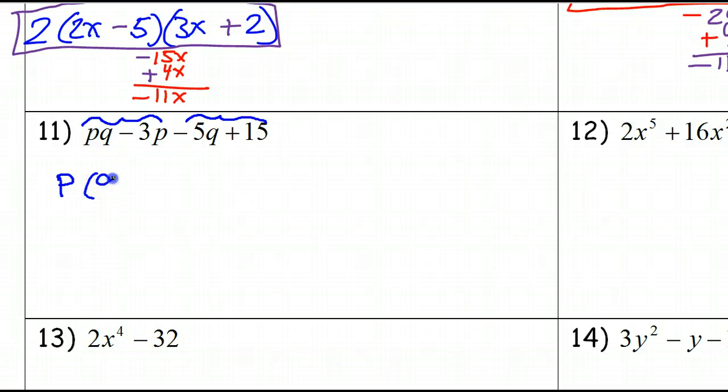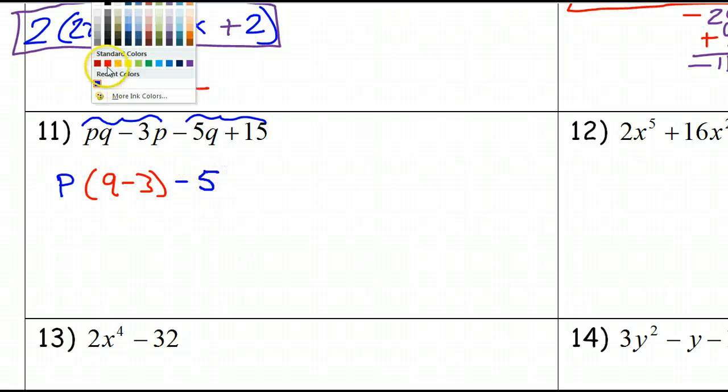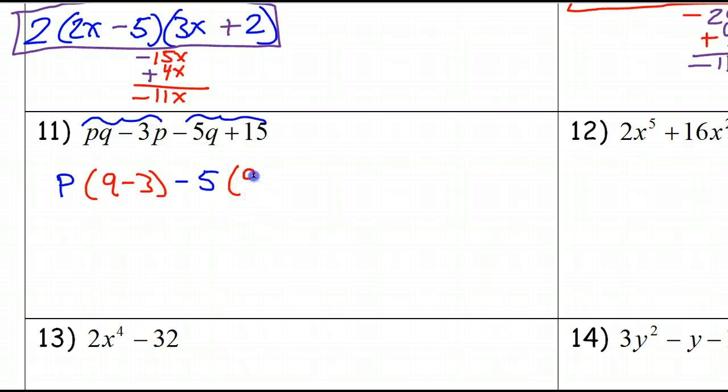So that's going to leave q minus 3. I usually like to color coordinate this to make it more obvious. Okay, q minus 3. Over here, I see the negative 5 is the GCF, so I'm going to pull that out. And that's going to leave behind q minus 3.